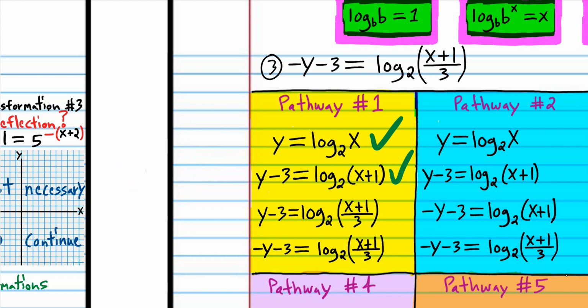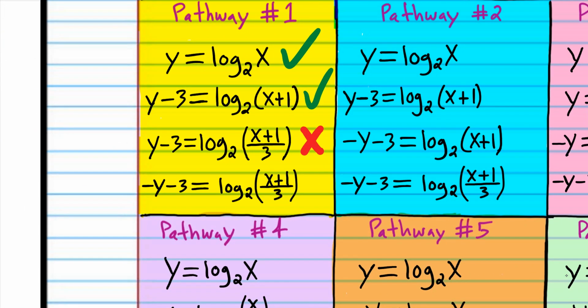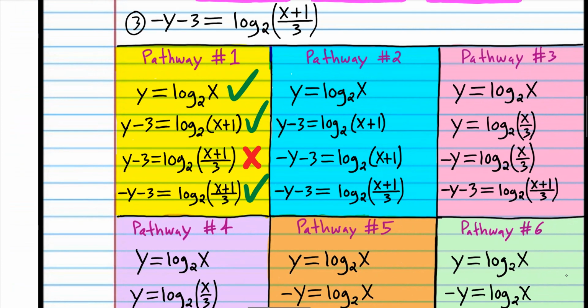But we're not doing that. We're dividing x plus 1 by 3. So we'd have to modify that expression in order to see what's going on. Then we replace y with negative y. That just tells us to reflect across the x-axis, but because the third equation there gives us some complications, we're not going to use that pathway.